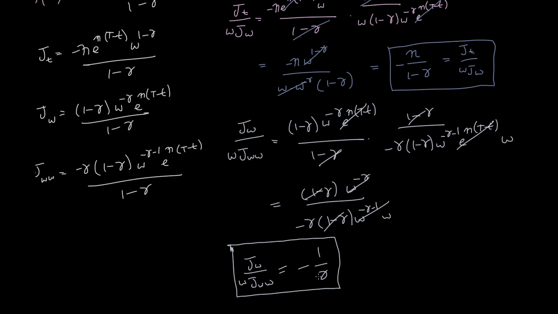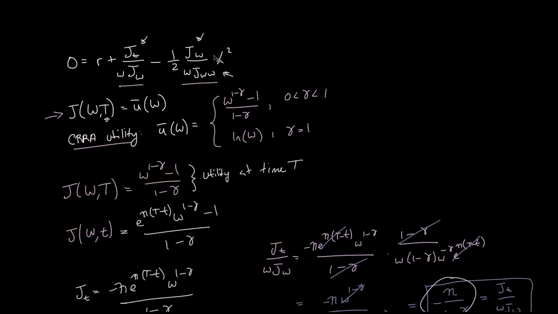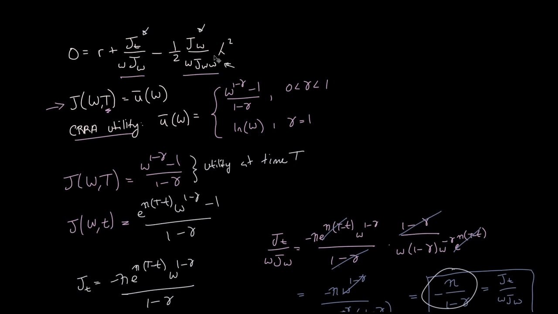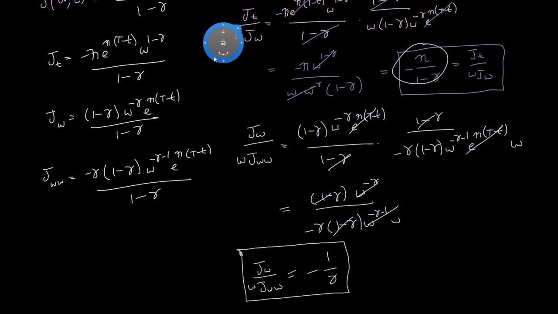So now when we see J_W over W J_WW in our drift term calculation, we just define that as 1 over gamma, but here is really where it comes from. So we've got this value and this value, and we can plug them back into our equation to find our optimal wealth. We will do this in the next video because I'm out of room. So I'll see you there.